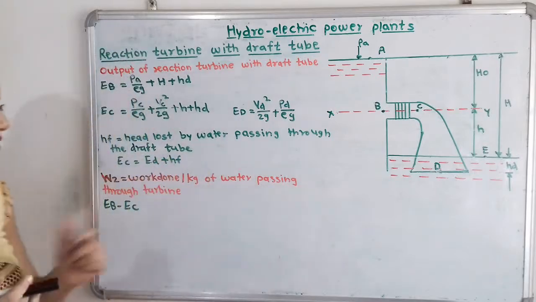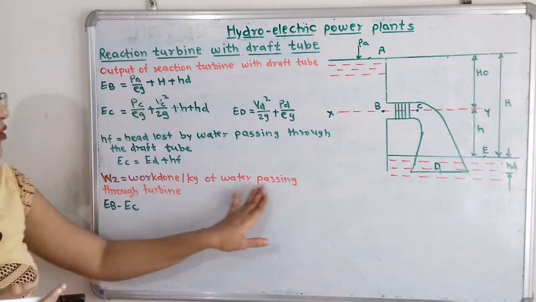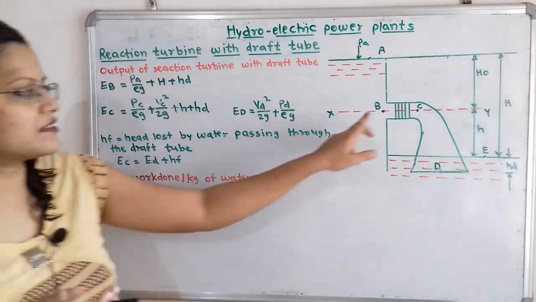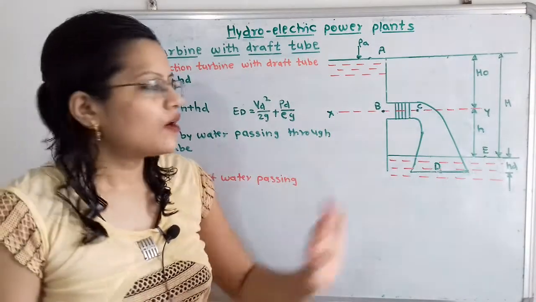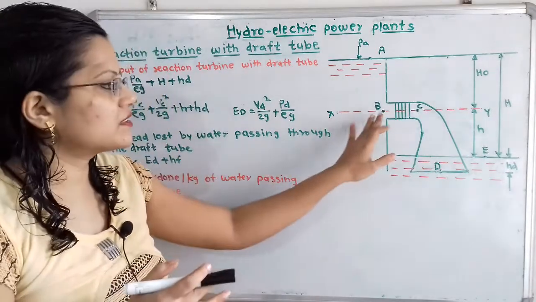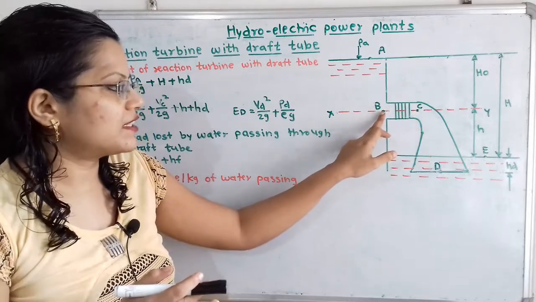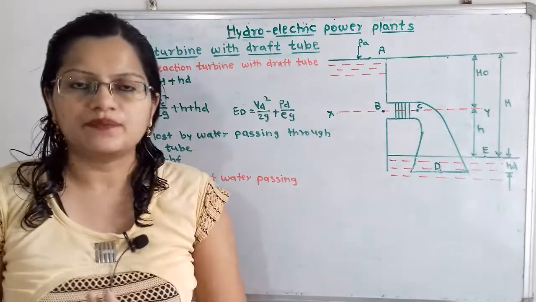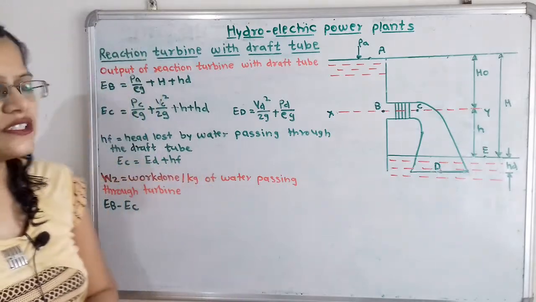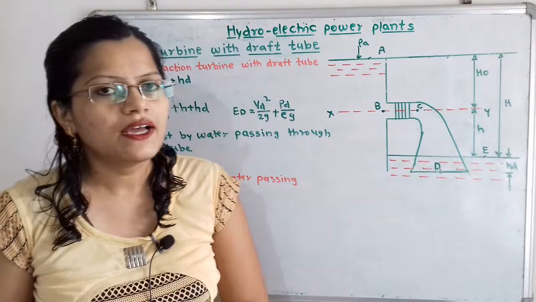Now we will consider W2. What is this W2? That is the work done per kilogram of water when it passes through the turbine. How do we find the work done per kilogram of water passing through the turbine? Here is the turbine and these two points, point B and point C. We have to take the energy difference between these two points, and then only we will get the work done.